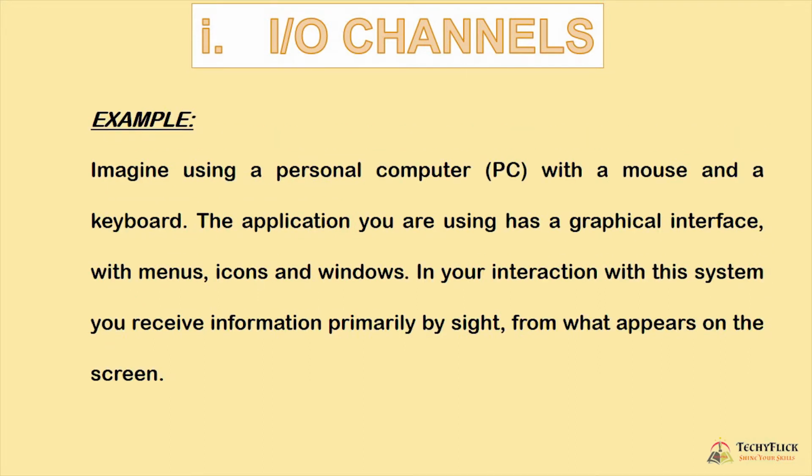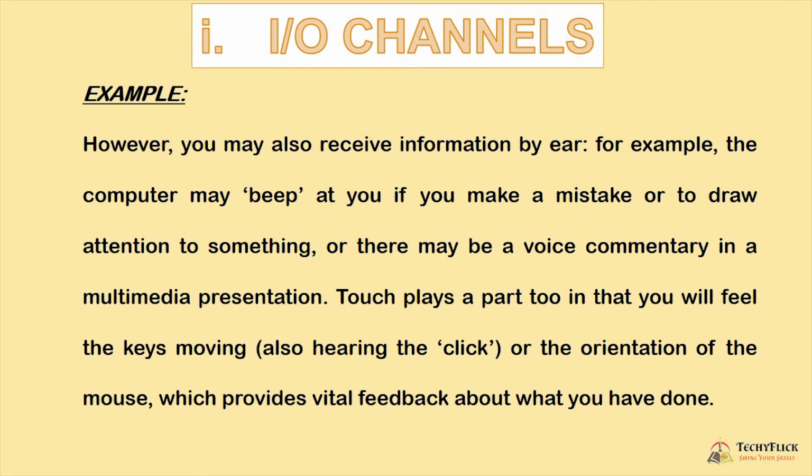Example: imagine using a personal computer with a mouse and a keyboard. The application you are using has a graphical interface with menus, icons and windows. In your interaction with this system, you receive information primarily by sight from what appears on the screen. However, you may also receive information by ear.